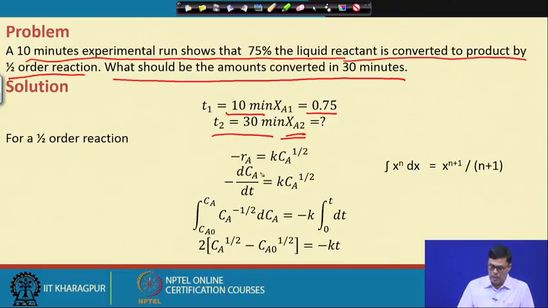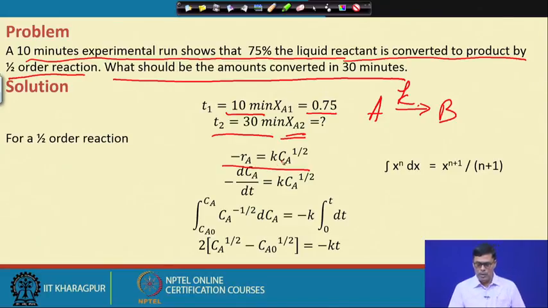Now for the half order reaction, assume A to B, and if K is the rate constant, I can write minus Ra equal to K into Ca to the power half. So I can write this as minus dCa by dt equal to K into Ca to the power half, and then we can take it here.